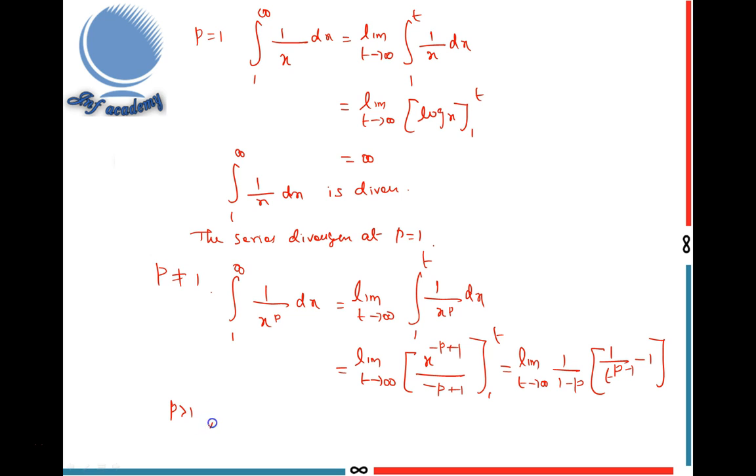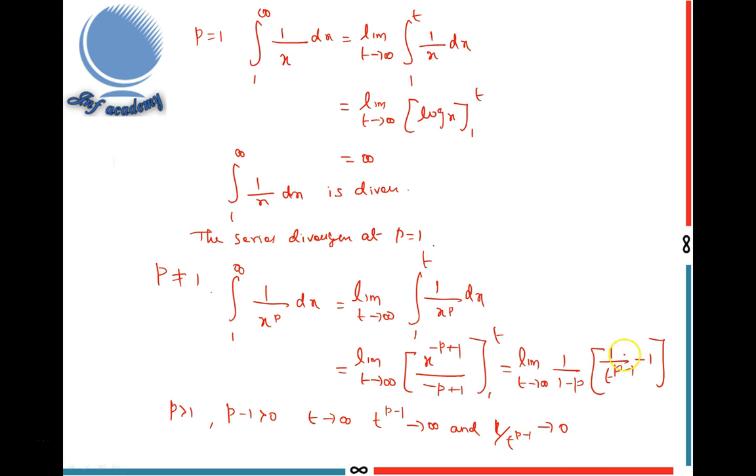Here p is greater than 1, then p minus 1 is greater than 0. So as t tends to infinity, t power p minus 1 also tends to infinity. So 1 by t power p minus 1 tends to 0.